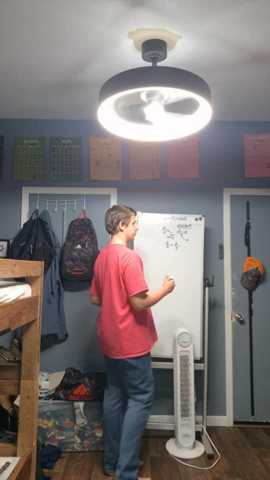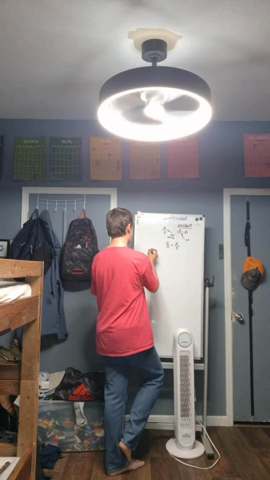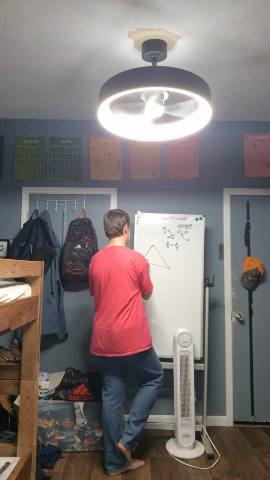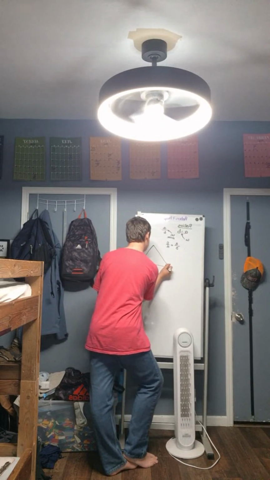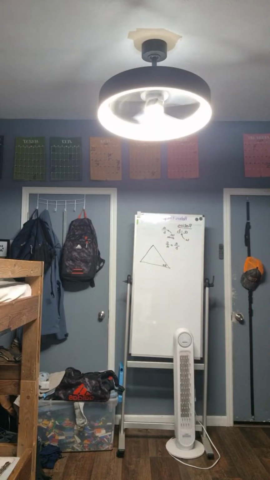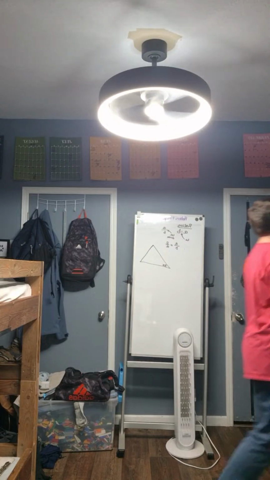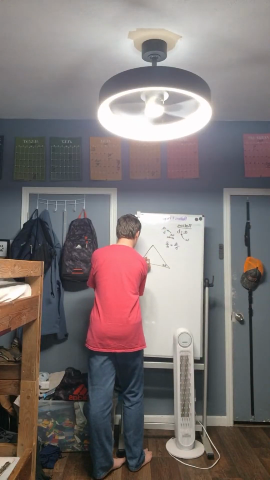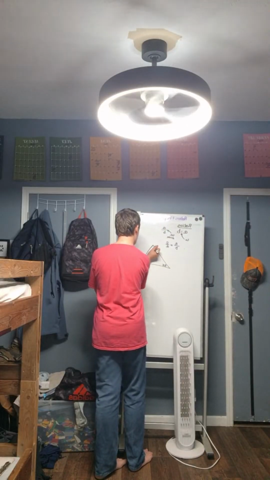And also, here we have kind of like a triangle. 3x. We also have 4x, and we have 5x.